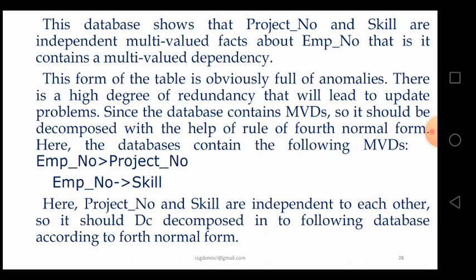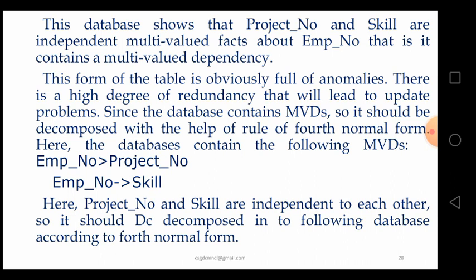There is a high degree of redundancy that will lead to update problems. Since the database contains multi-valued dependencies, it should be decomposed with the help of the rule of fourth normal form.